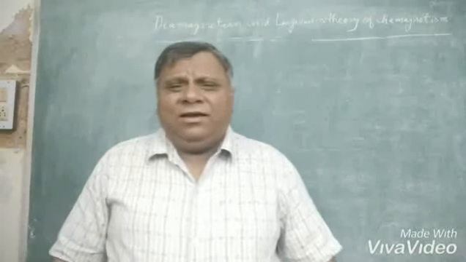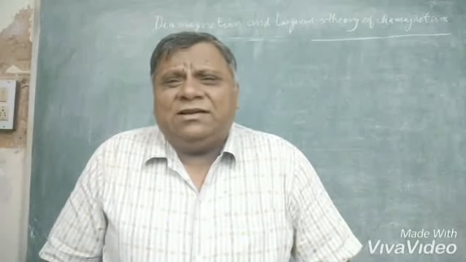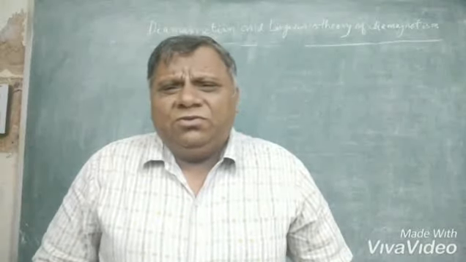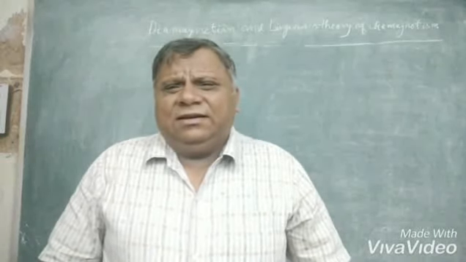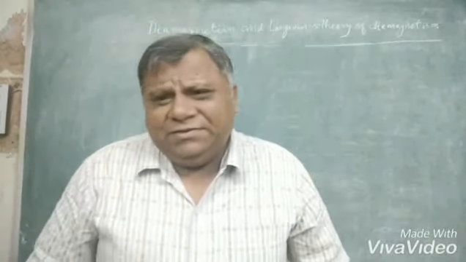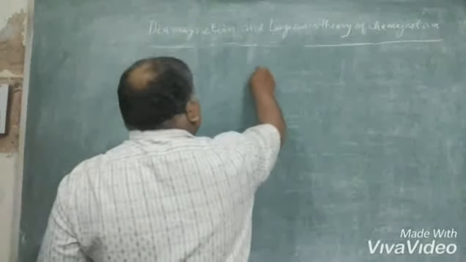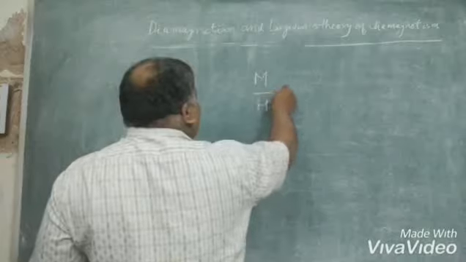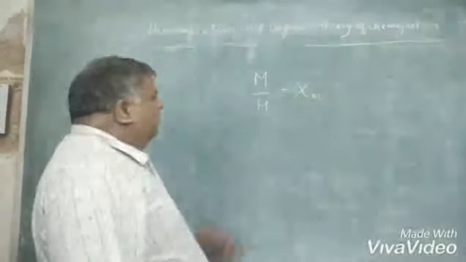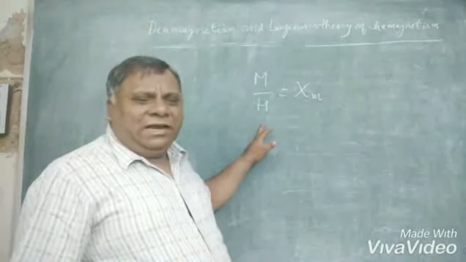To quantify the response of a material to the external magnetic field, we define two quantities: magnetic susceptibility and permeability. Magnetic susceptibility is the ratio of magnetization to the field intensity of the field.